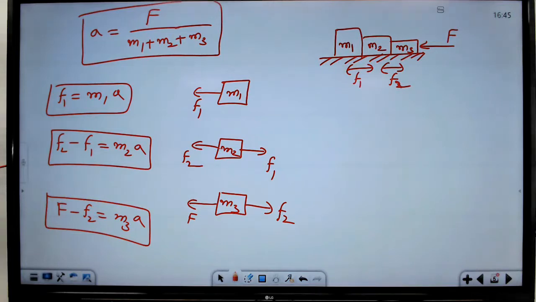Next, write down one example based on this one. A string of mass 10 kg and length 5 meter placed on horizontal surface.